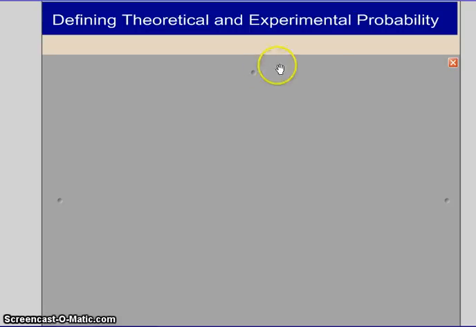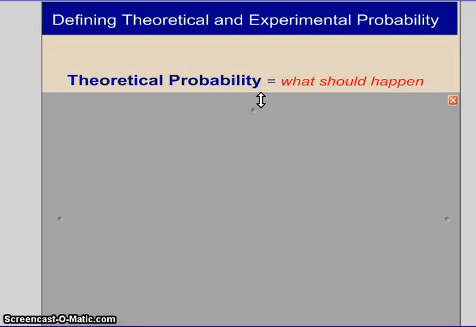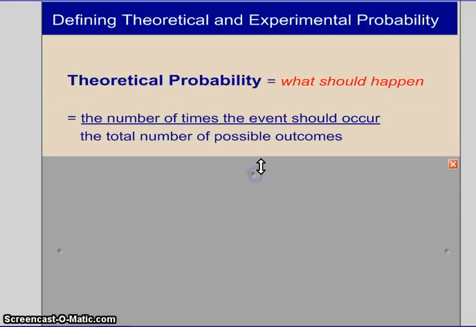So we have a formula for these ideas. First, we have theoretical probability, which is what we think should happen. And the formula is just written out in words here, but you already understand it. It's the number of times the event should occur over the total number of possible outcomes.